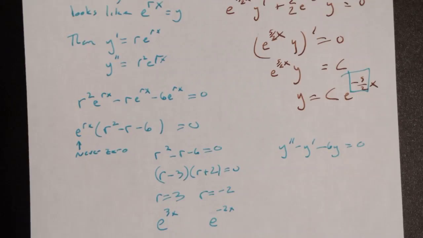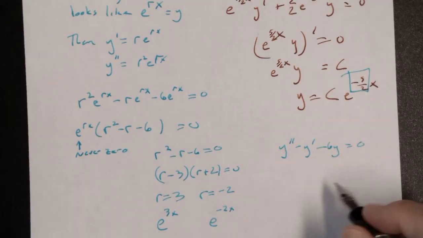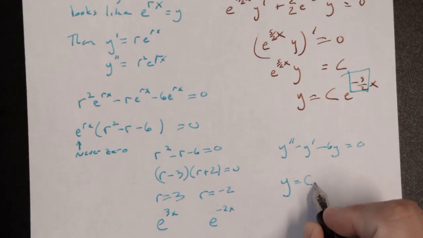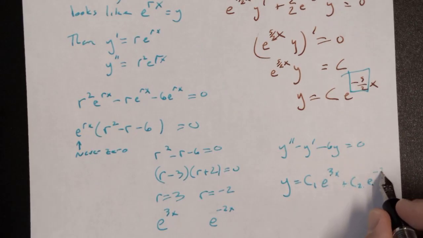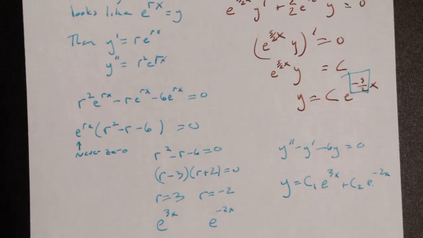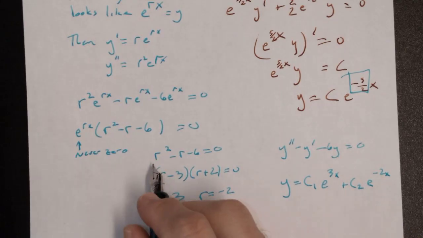Because I got this, I now know the solution to this differential equation is C1 e to the 3x plus C2 e to the minus 2x. I got both pieces of my fundamental set of solutions in one step by finding this.